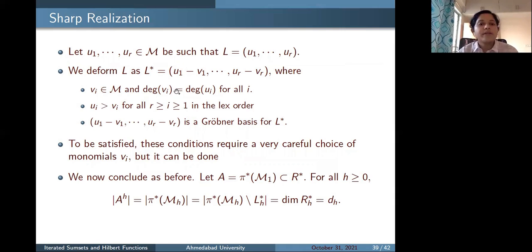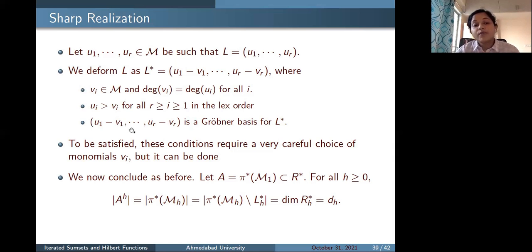The properties are the following. v_i belongs to M. The degree of v_i is the same as the degree of u_i. u_i has to be greater than v_i with respect to the lex order of the ring.